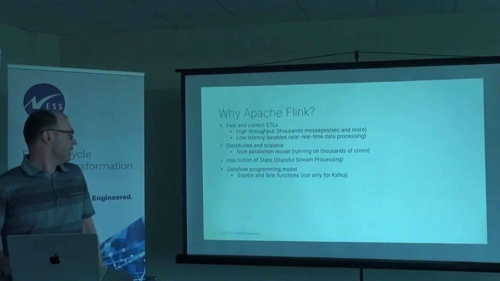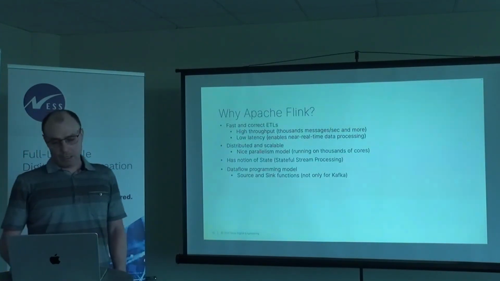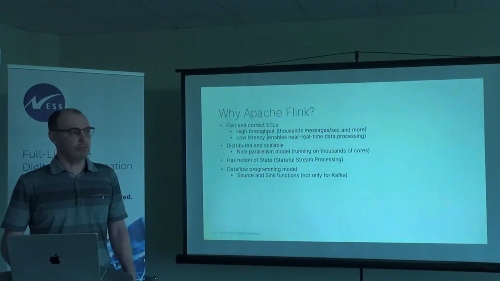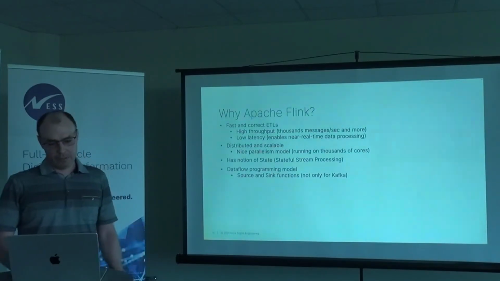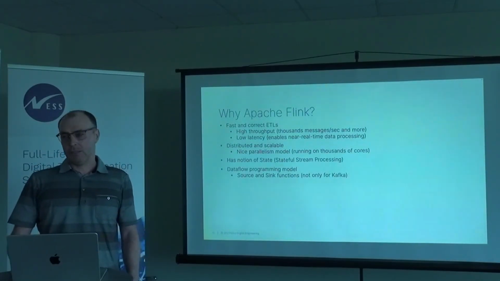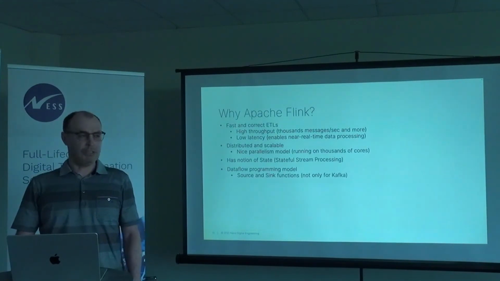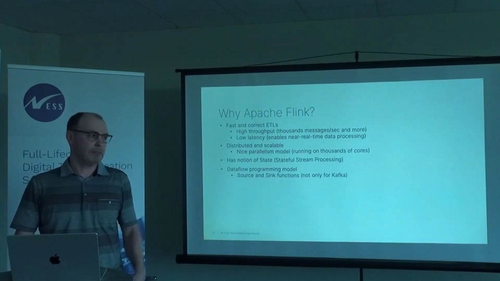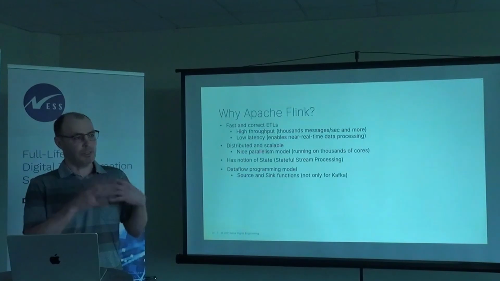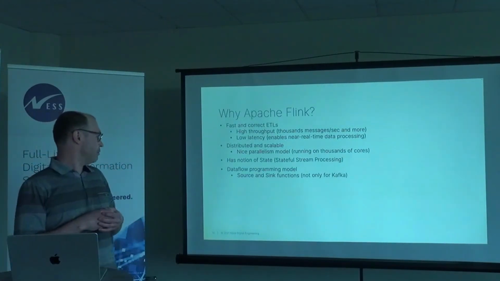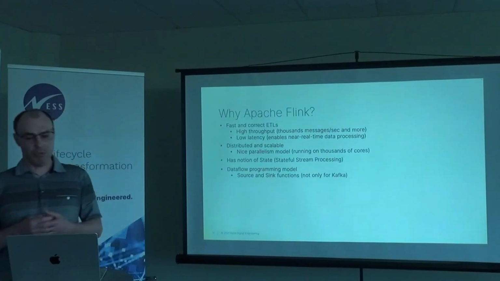It has a pretty nice data flow programming model, similar to the Java Stream API that we got from Java 8. It has a notion of source and sink functions. This is where you can get data, transform your data, and output data. And as source and sink functions, it could be not only Kafka.